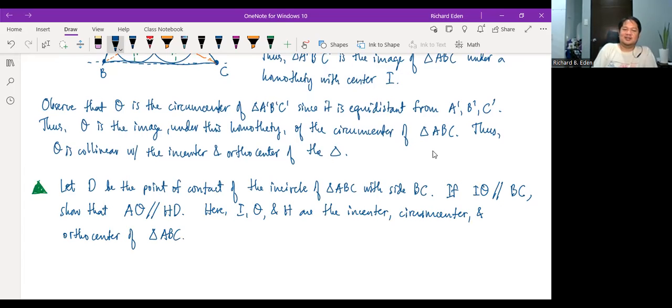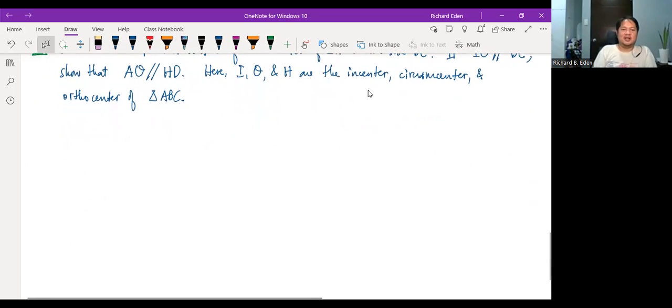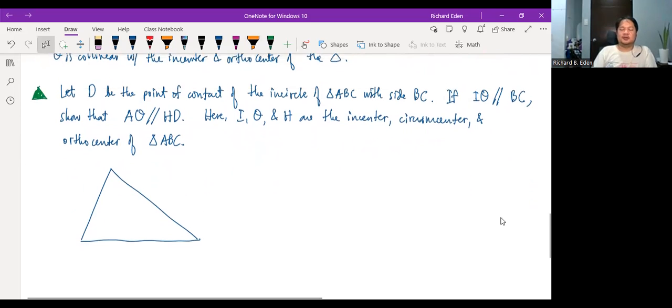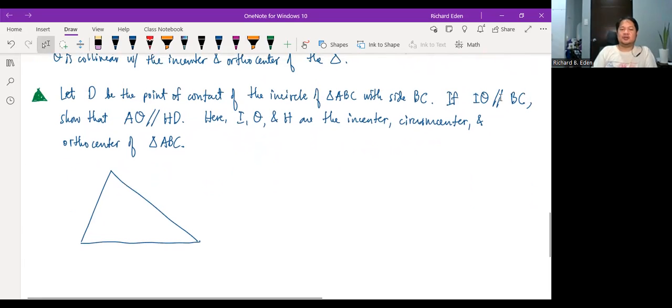All right, so here is what's going on. You have triangle ABC, and the primary condition is that IO and BC are parallel. So let's say this is O, the intersection of the perpendicular bisectors.